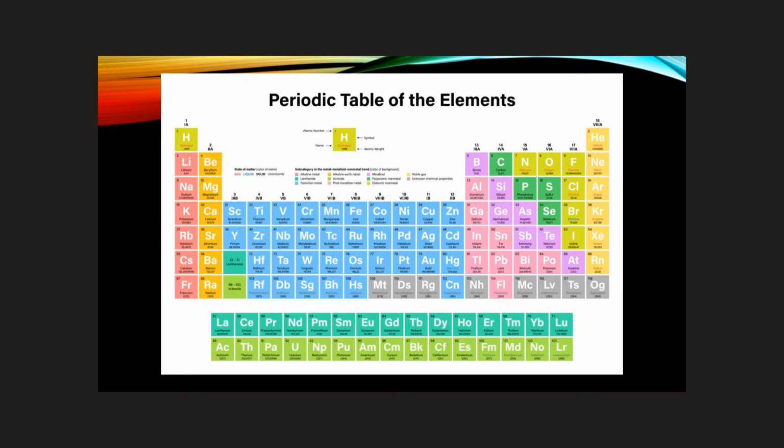Lead starts with an L, and the chemical symbol for lead starts with a P. Okay? And also, there are no chemical symbols that have more than two letters. So you can have one letter, but you can't have three letters. It's either one letter, which is capitalized, or two letters, where the first letter is capitalized and the second is not.